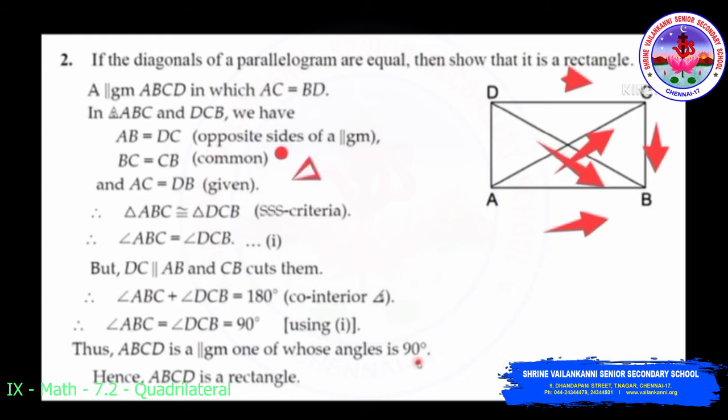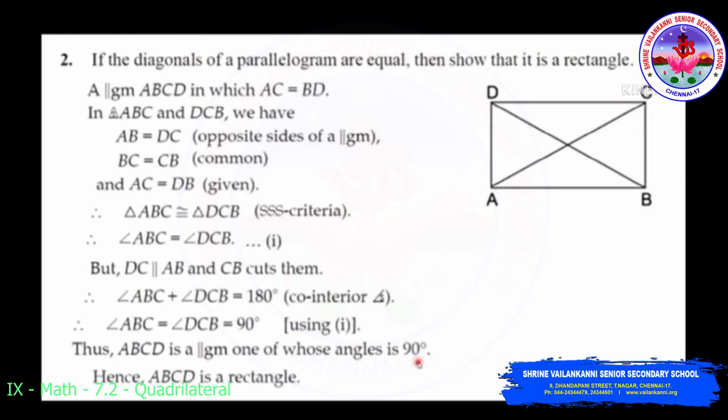So I got three sides of triangle ABC equal to the three sides of triangle DCB. So by SSS criteria, triangle ABC is congruent to triangle DCB. So hence I got angle ABC is equal to angle DCB. I am writing here angle ABC is equal to angle DCB by CPCT.